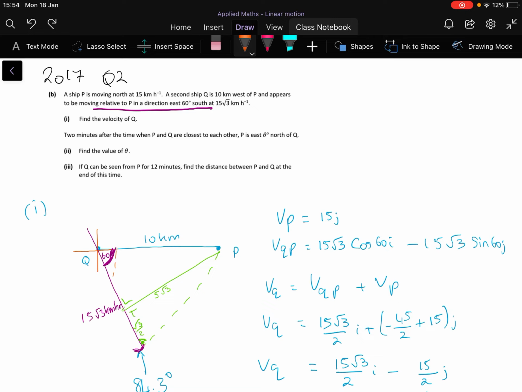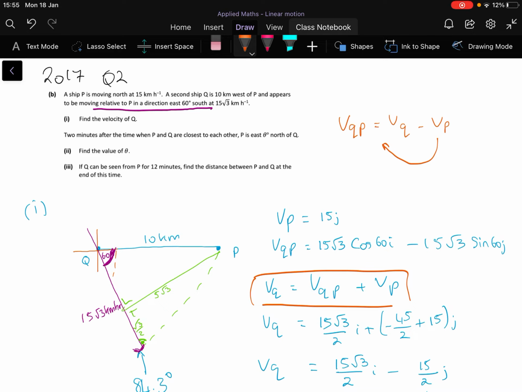The way that I do that is the velocity of Q relative to P is always the velocity of Q minus the velocity of P. So I can move that around, and I can see that the velocity of Q is equal to the velocity of Q relative to P plus the velocity of P. All I've done there is brought that across, and it becomes a plus. Then I substitute all my information.